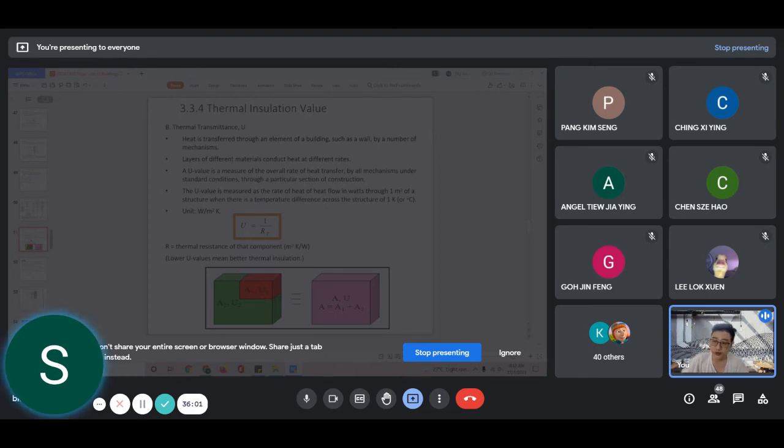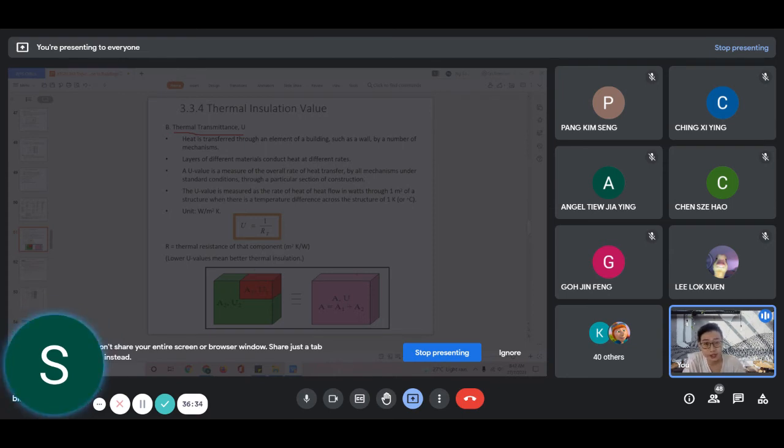Okay, so next we have thermal transmittance. A building isn't made up of just a single component. In a particular wall, there might be a window, there might be a door. So all of these different materials you need to add up together to make a single composite material, sort of like topic two, where we have the sound reduction index.